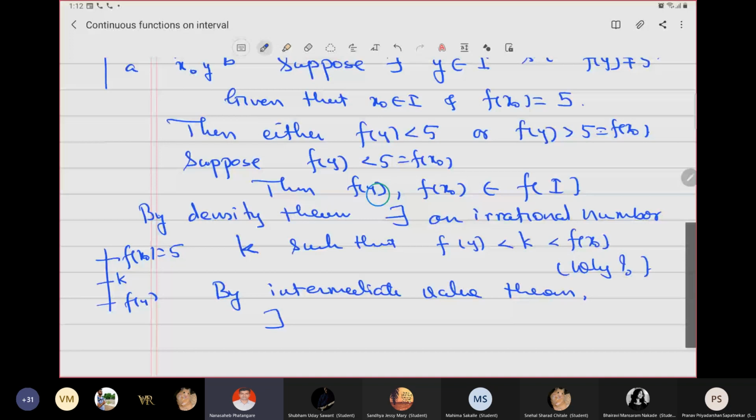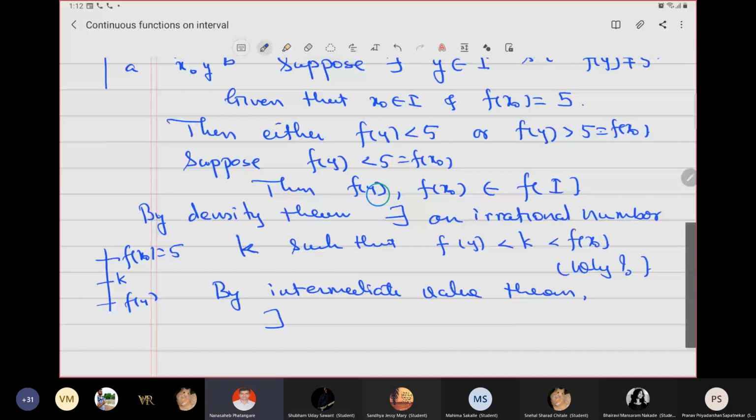And what is k? k is irrational. So is it a contradiction? Yes, sir. Why? Because our codomain is only rational numbers.